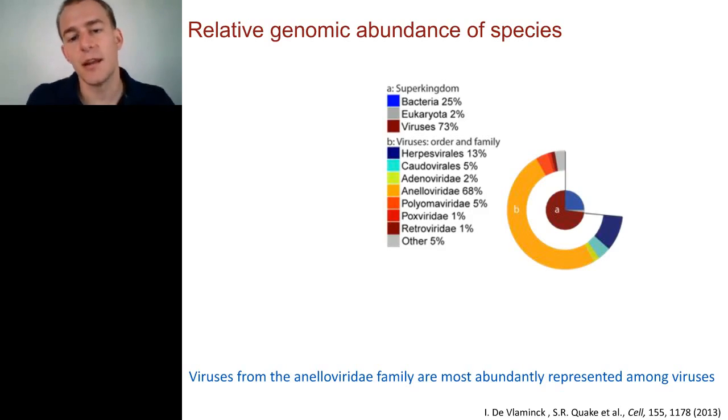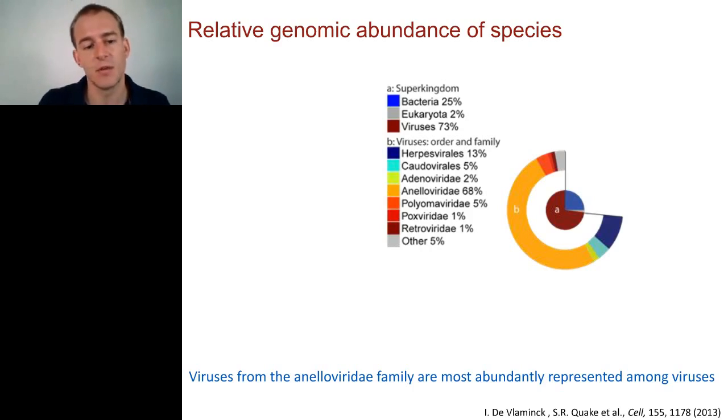Now it turns out that anelloviruses are commensal viruses that are ubiquitous in the human population, and essentially anybody in the Western population has been infected with this virus, and we find lots of it in the plasma of these organ transplant recipients. We also find evidence of herpes viruses, for example CMV.